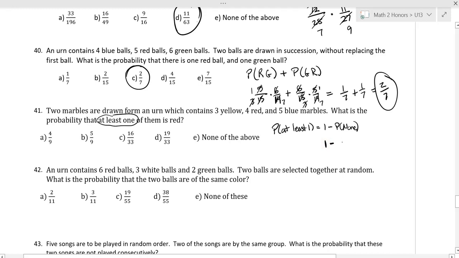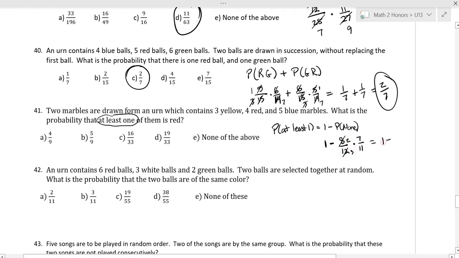So how many are not red? Well, that's 8. You got 3 yellow and 5 blue out of 12. And I want the next one not to be red either, so 7 out of 11. And then work towards reducing this. You could divide by 4. And I'm left with 2 out of 3.